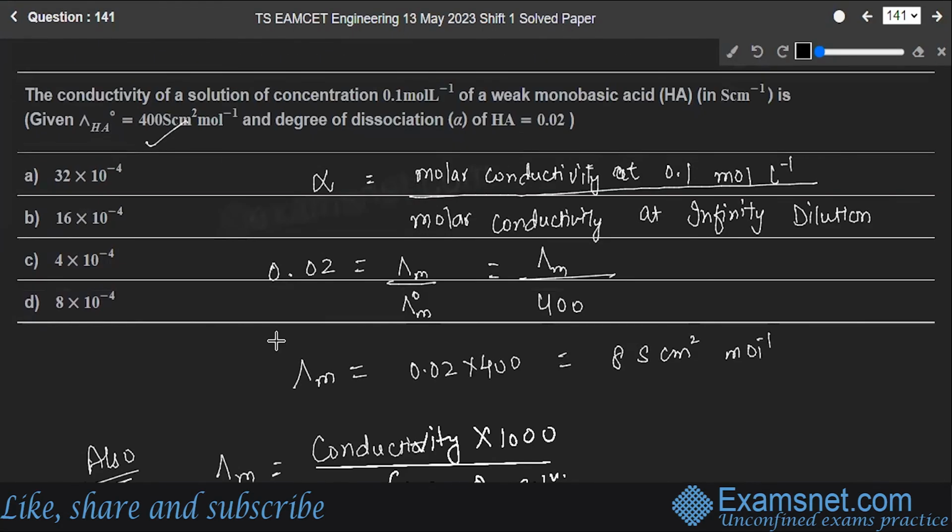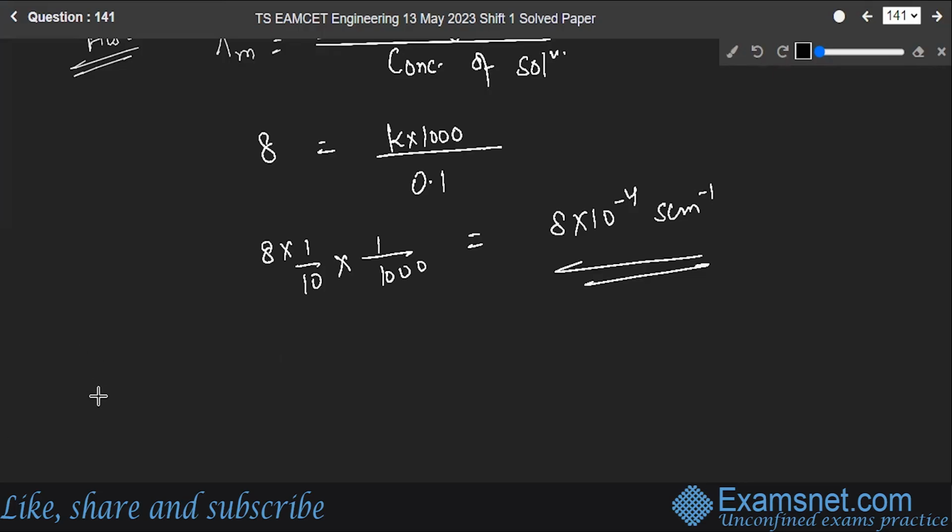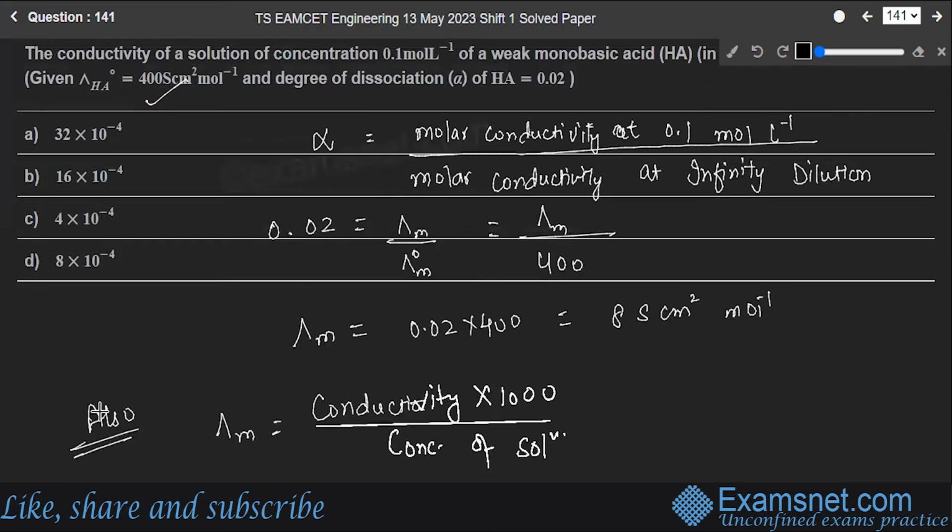This is 8, and the concentration of the solution is 0.1. So 8 into 0.1 into 1 upon 1000 gives the conductivity in Siemens per centimeter. So this is the answer to the question. The conductivity is option D. This is the right answer.